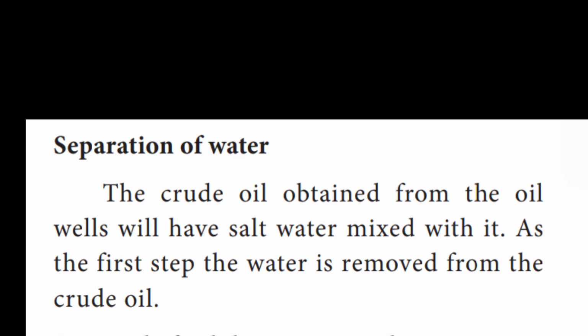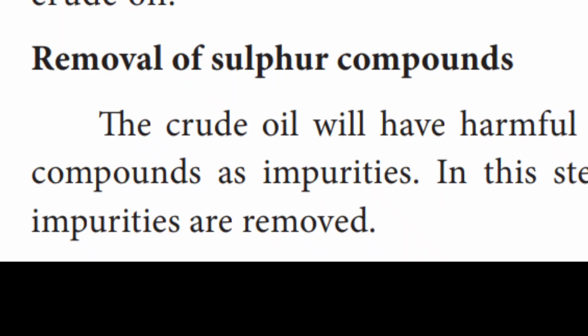As a first step, water is removed from the crude oil. Removal of sulfur compounds. The crude oil will have harmful sulfur compounds as impurities. In this step, these impurities are removed. And then we move on to fractional distillation.